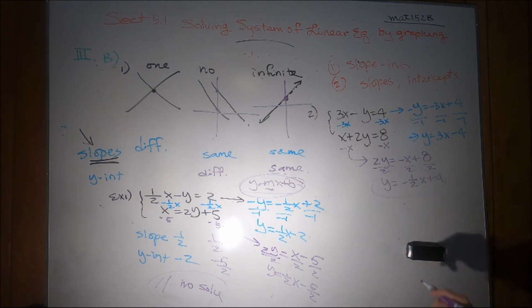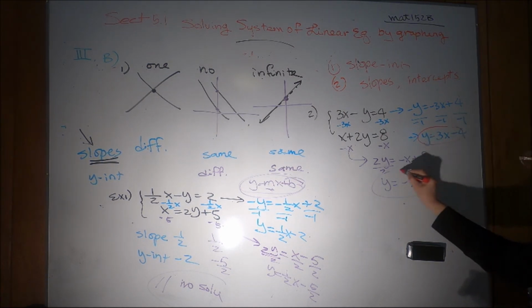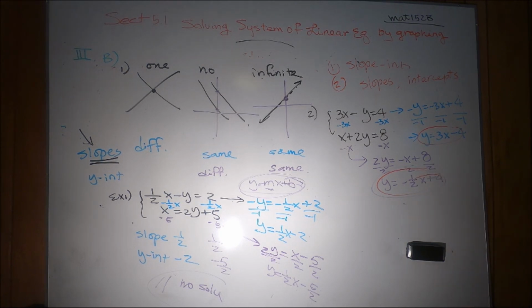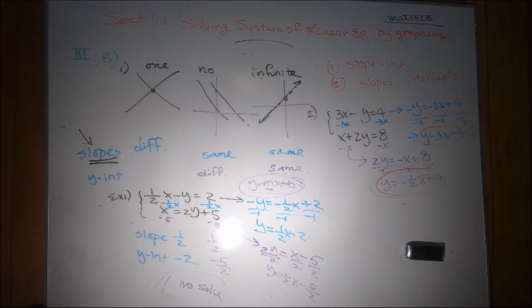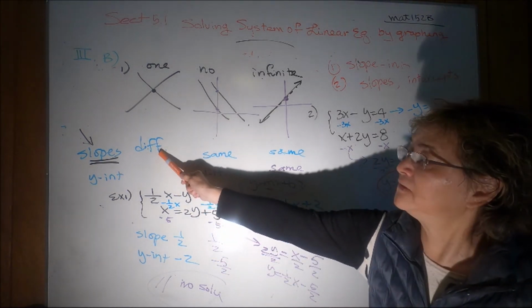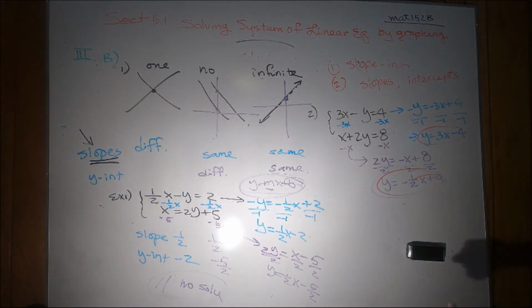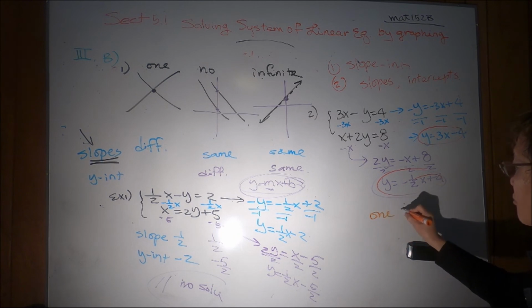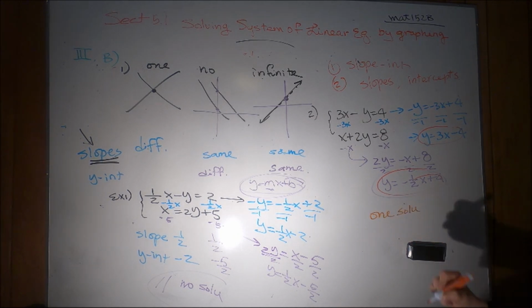So one equation is this one, another equation is this one, right? Look at their slopes. Are they the same? They are different. One is 3, one is negative half. So if slope is different, that means how many solutions we have? One solution.